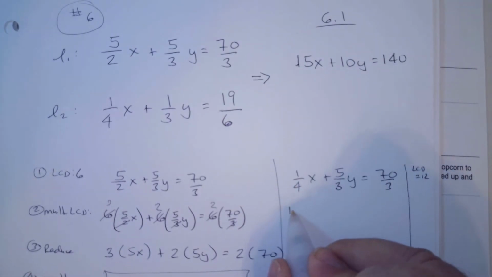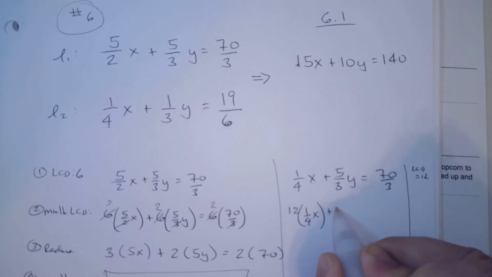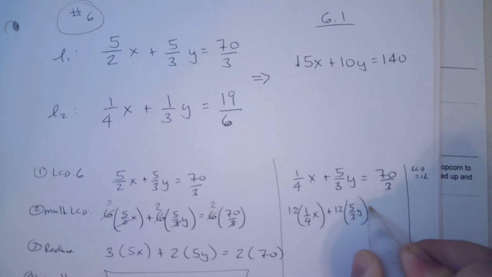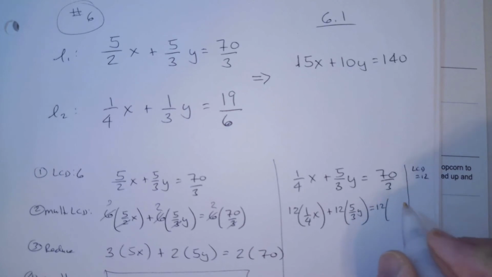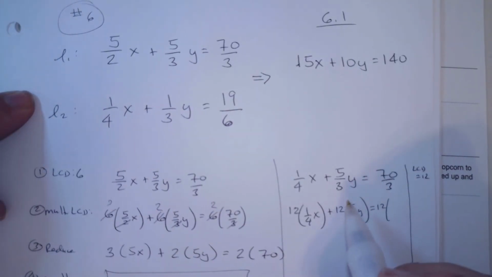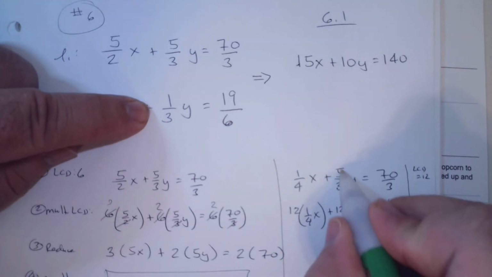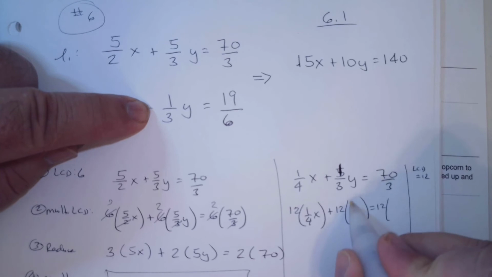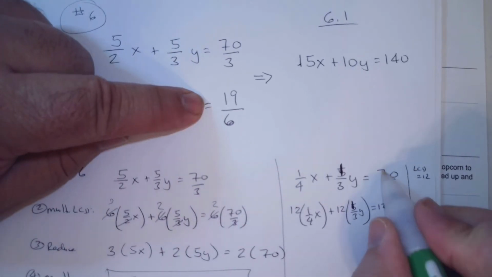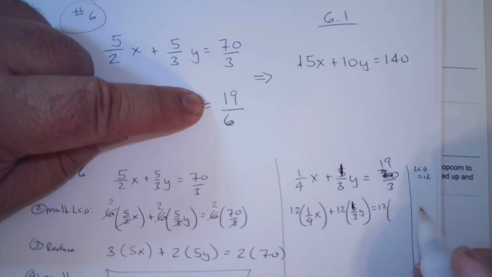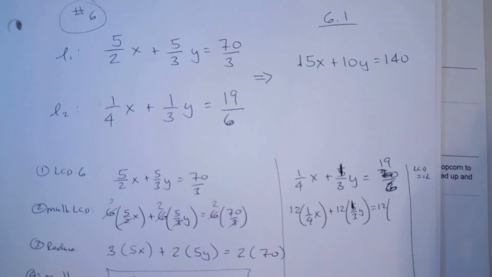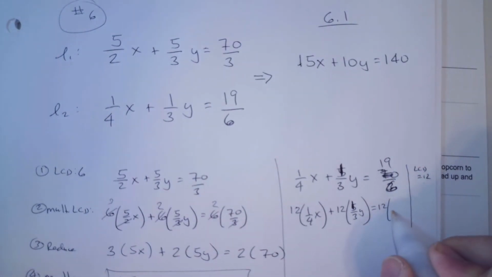So multiply everybody by 12. 1 over 4x plus 1 over 3y equals 19 over 6, and I'm doing the second equation. 1 over 4x, 1 over 3y, and 19 over 6 is still 12.